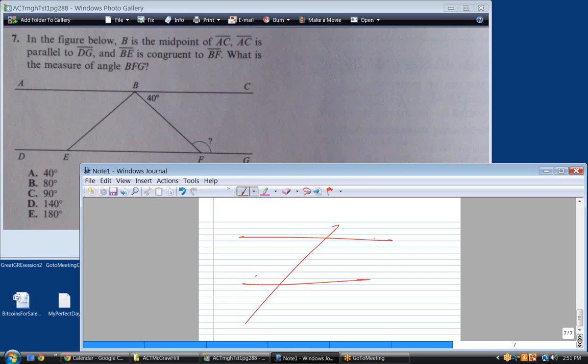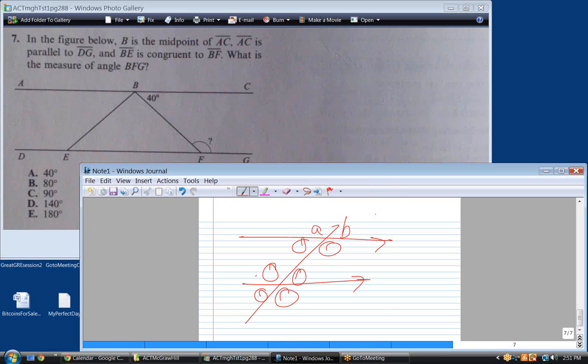When you have two parallel lines and a transversal, you create two angles, A and B. One of them is acute, one of them is obtuse. Every other angle here is either A or B. If it's obtuse, it's A. If it's acute, it's B. So that's the key thing to remember.